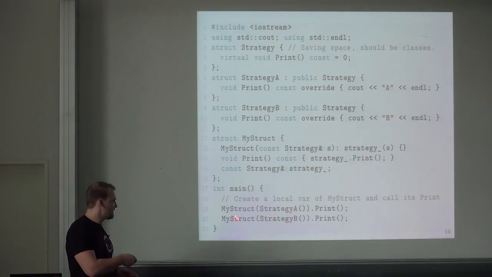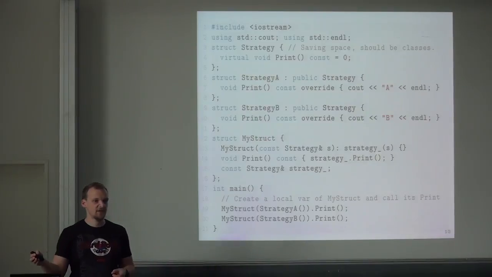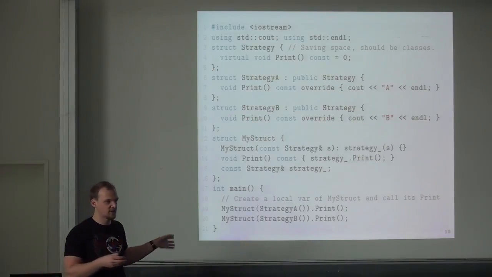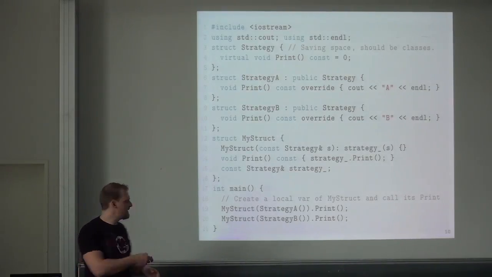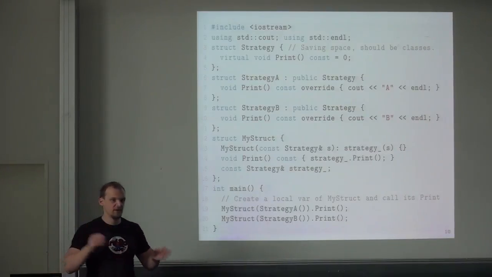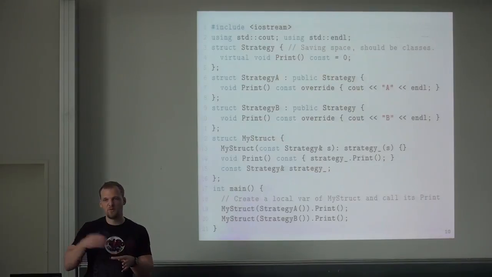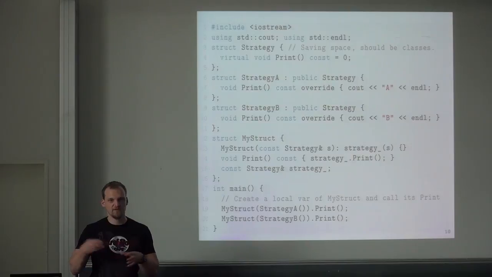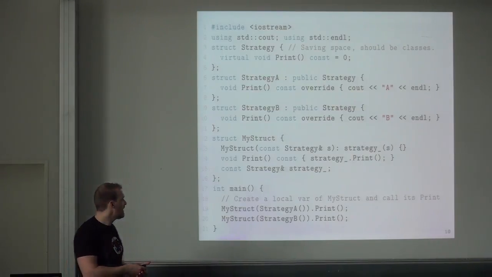So don't really do it like this, and in the code that you will be given as the homework, you will have some examples that will not do it that way. The idea is that we create a temporary object here, and because of the internals of the C++ implementation, when you pass a const reference to something, it extends the life of that object until this const reference is gone.